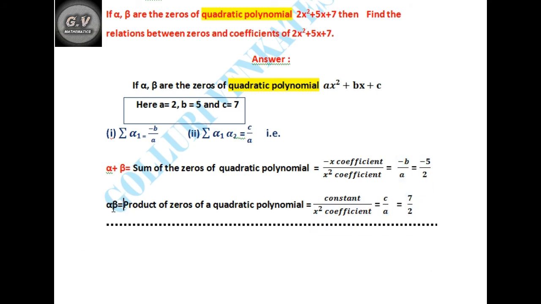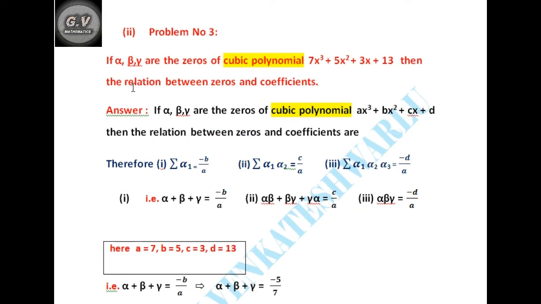Next we are going to discuss the relation between zeros and coefficients of a cubic polynomial, a third degree polynomial, which contains at most 3 zeros, taken as alpha, beta and gamma. If alpha, beta, gamma are the zeros of a cubic polynomial, then find the relation between zeros and coefficients. Here it is the question.